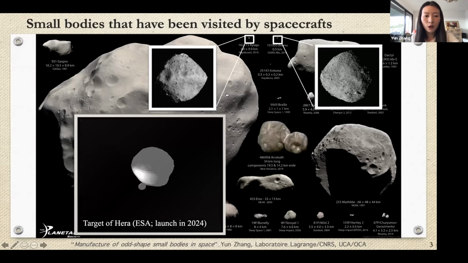There are dozens of asteroids with this shape, and some of them have a small satellite, like the Didymos binary system, which will be visited by the Hera mission soon. So the question is how these small bodies get their current shape. One possibility is that they were born just like this in the early stage of the solar system.